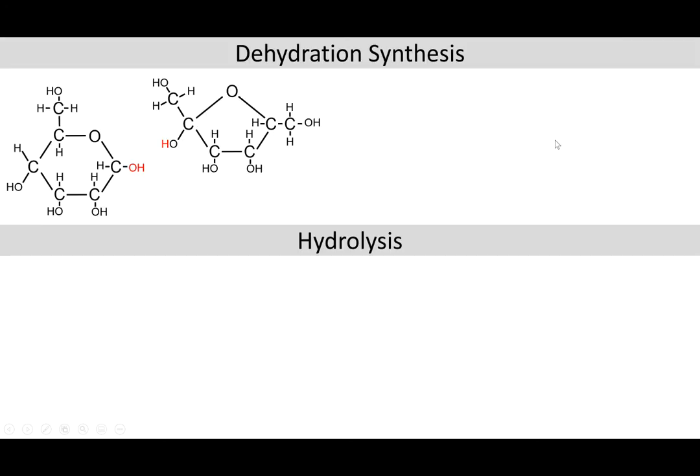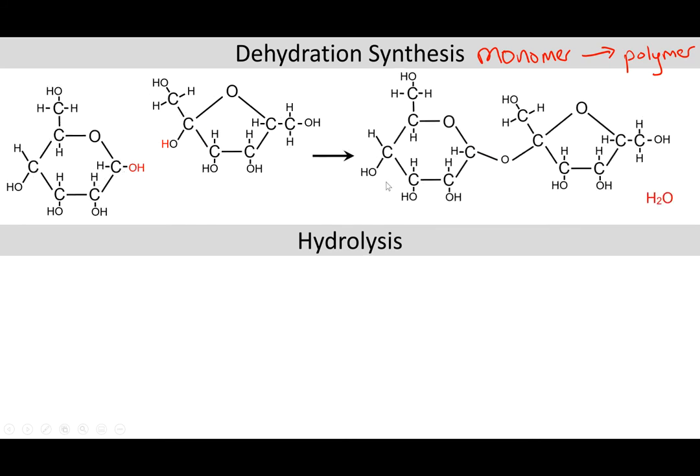So let's review those two types of reactions. Dehydration synthesis. This is when you're going from monomer to polymer. Right? So here are your two monomers. Here is your disaccharide, your bigger, more complex molecule.